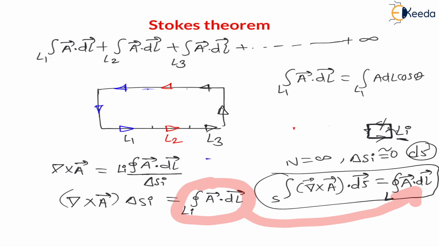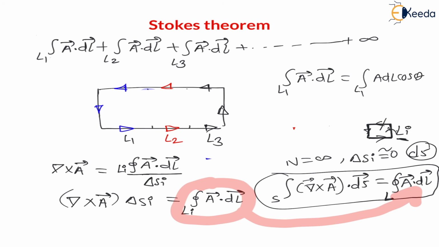Now what path will remain, only the external path we will get, and that is L, the external path. Means the dot products on the internal paths will cancel each other, that's why only the external path remains in the same sense, that is the anti-clockwise direction. That's why the same integration, summation of A dot dl for infinite times, I can write like this, right?